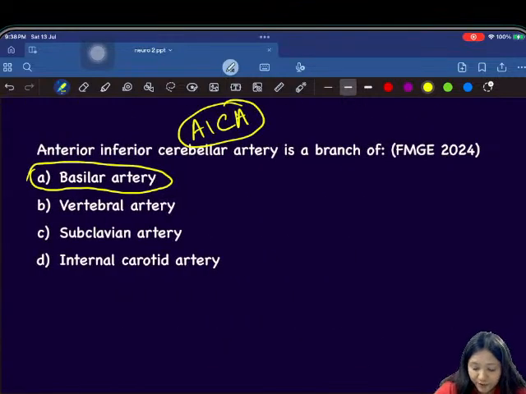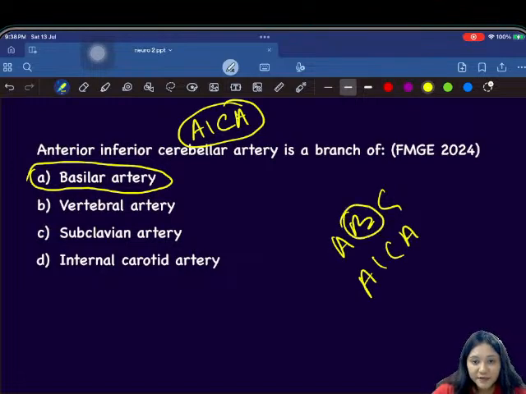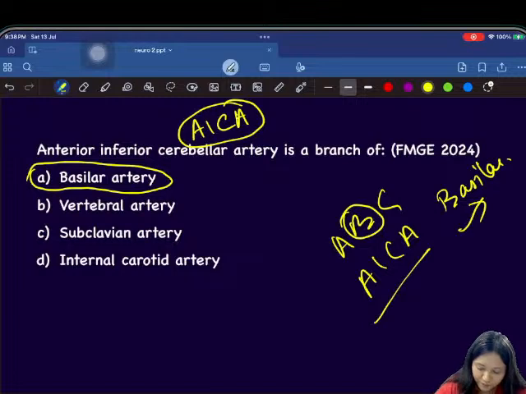How to remember it? You know A, B, C. The question came as AICA, and B is for basilar artery. Try to remember only one. If AICA is from basilar, then PICA is from the vertebral artery.